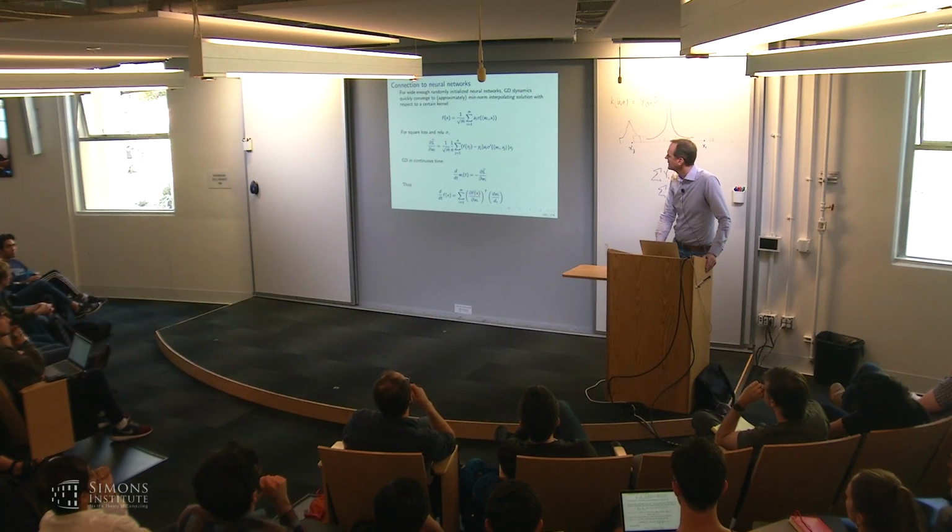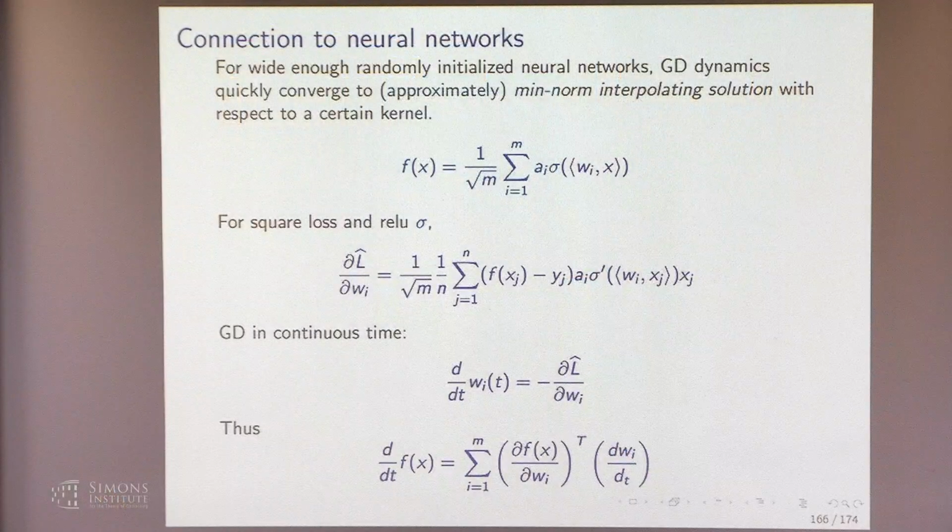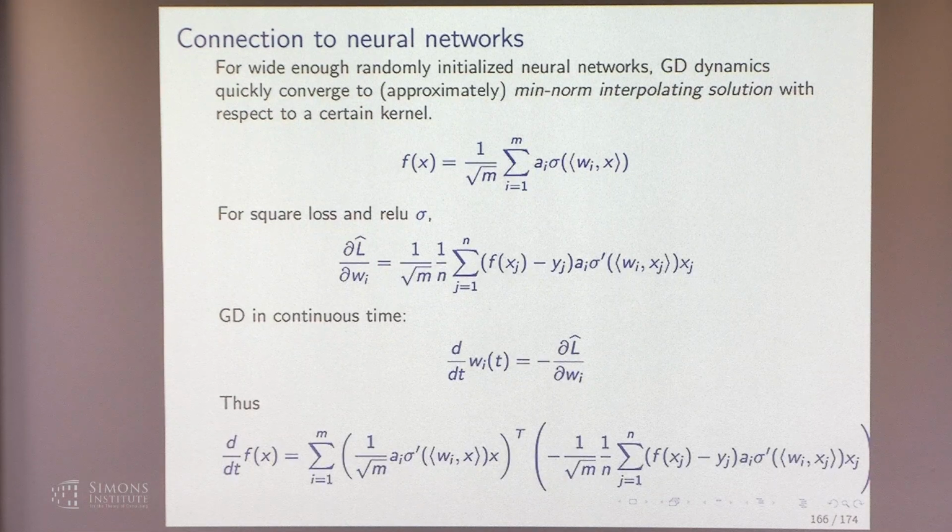Okay, and the connection to neural networks, I'd hoped to be able to skip through this and say you saw all these definitions in Jason's talk this morning, but Jason didn't oblige, and he's going to talk about this tomorrow. So I'm just going to skip over it and say, look out tomorrow for a particular kernel that appears in the setting of random initialization with very wide networks, wider than the sample size.